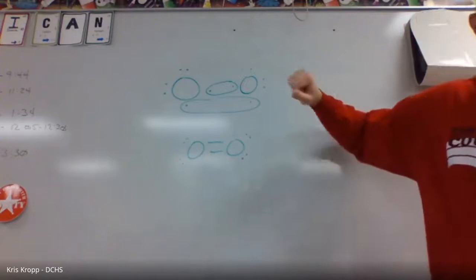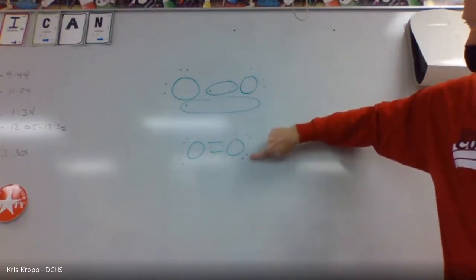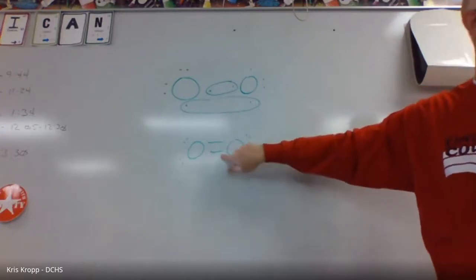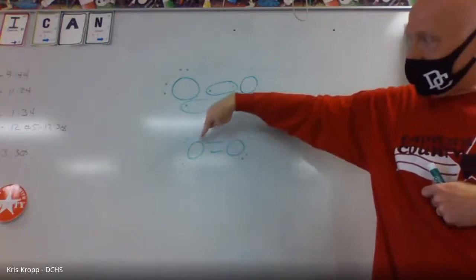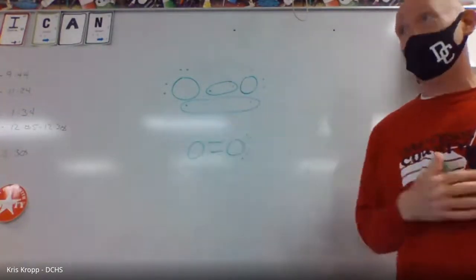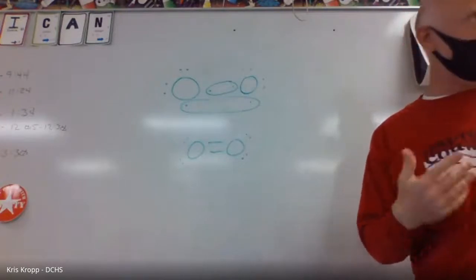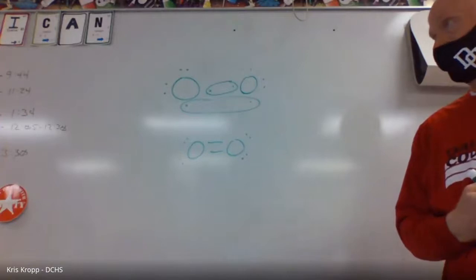So now as we look at each atom, watch me here as I do this. This atom has 2, 4, 6, 8 electrons around it, so it's got its octet. The same way, this oxygen atom has 2, 4, 6, 8 electrons around it, so it has its octet. And because of the sharing of the 2 pairs of electrons, this double covalent bond, both atoms are now stable.